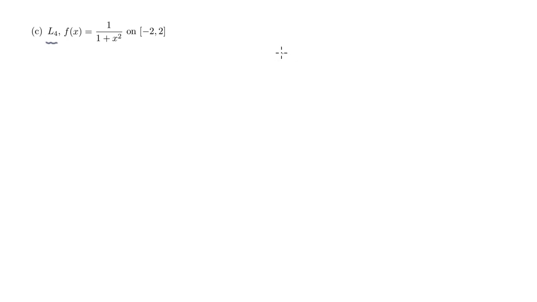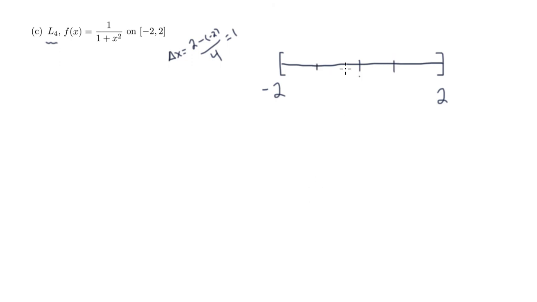So if we look at a sketch of the interval, we have -2 and 2. And so what is the width of each subinterval going to be? Well, it's going to be (2 minus -2) over 4, which is 1. Okay, so we'll split this up into 4 pieces.